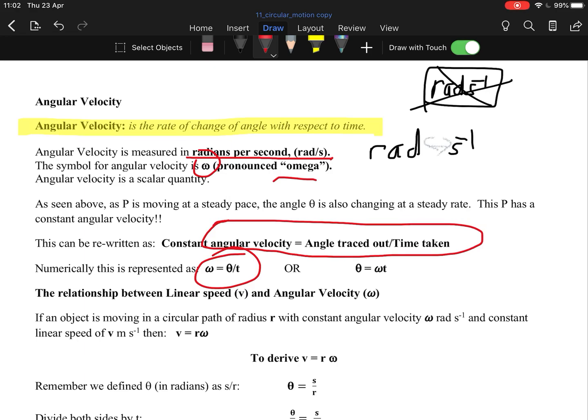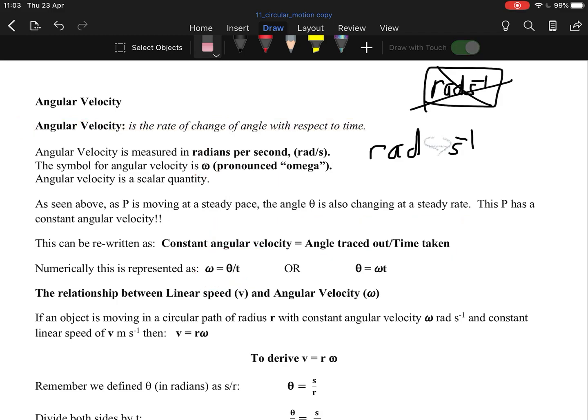You can also give the equation that's in the log table, omega equals theta over t. However, if you do that, you get 3 marks. You have to then explain what omega, theta, and t equal. So you just simply go into the notations, in other words. Omega equals angular velocity. Theta equals angle traced out. T equals time. That's it. Okay? So you have 3 options here.